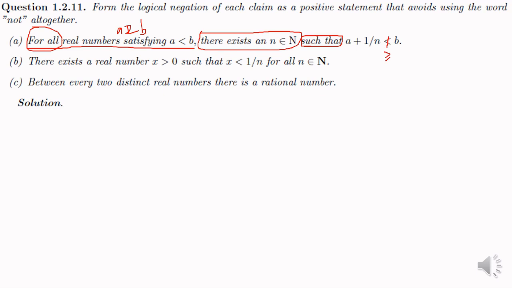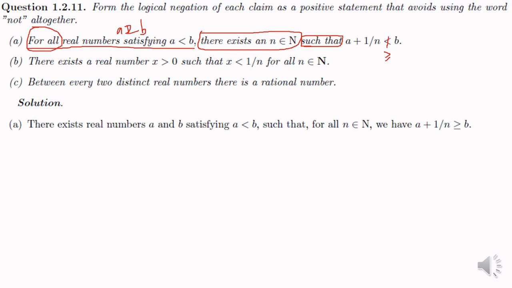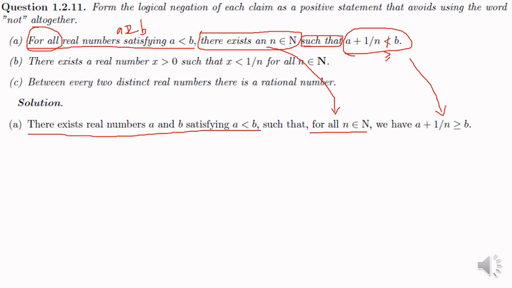So the negation of the first statement will be: there exist real numbers a and b satisfying a less than b such that for all n element of N we have a plus 1 by n greater than or equal to b.